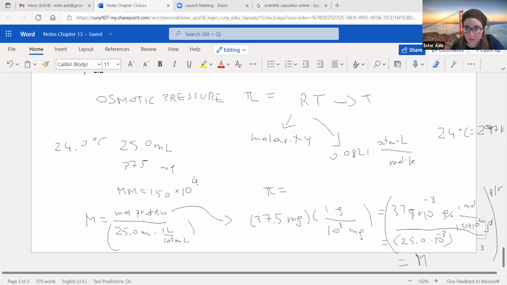So we multiply by R and by 297, and we get the answer, 2.44 times 10 to the negative 3. That's in atm, and that would be the osmotic pressure here.